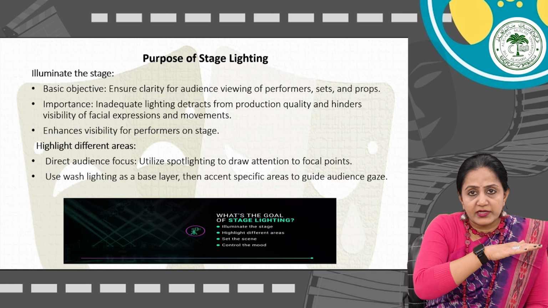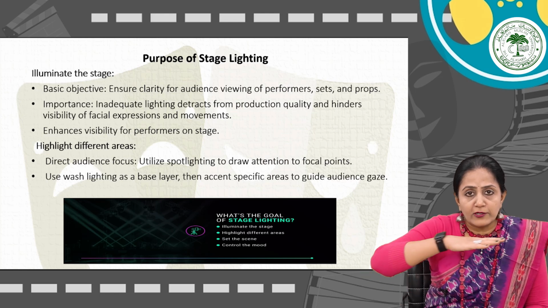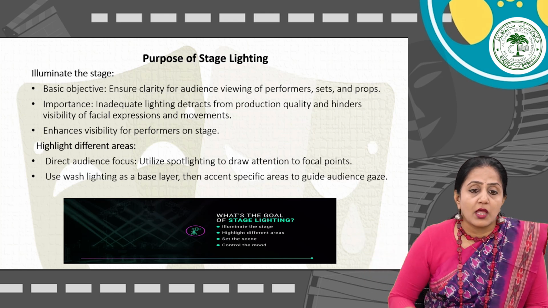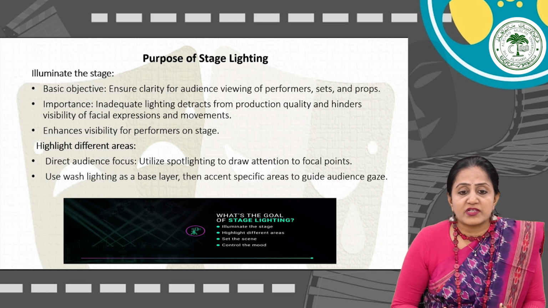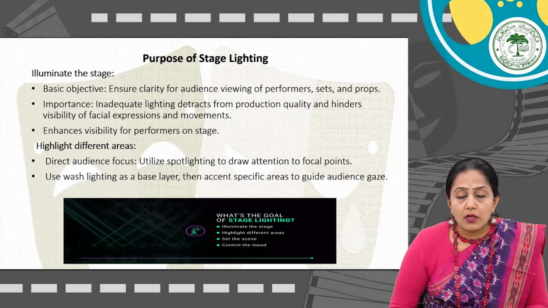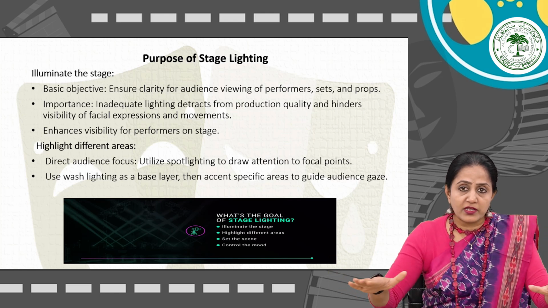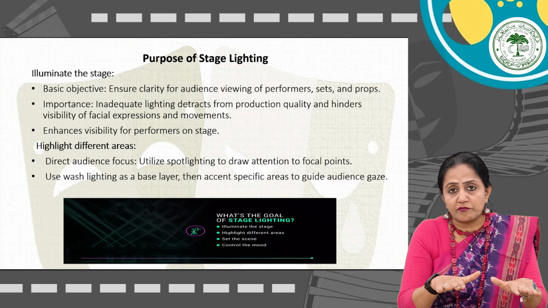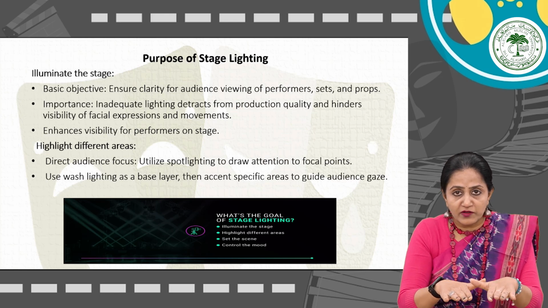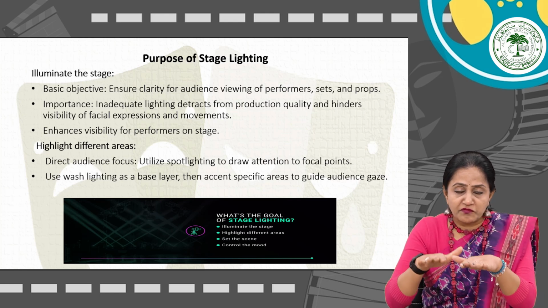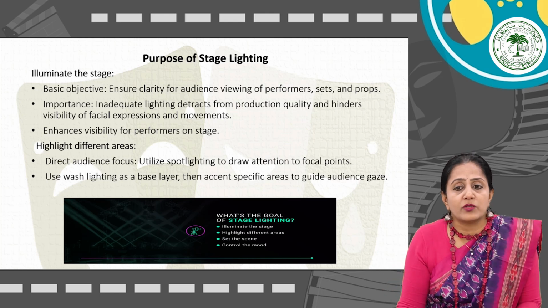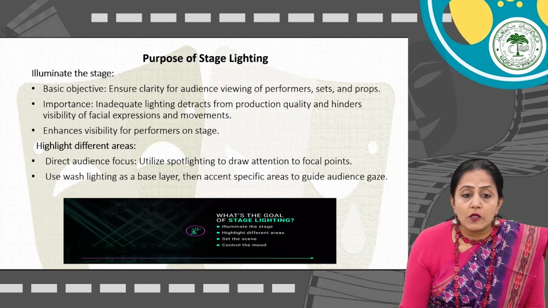Wash lighting is a kind of light that illuminates the entire stage and then accents specific areas, to guide the audience gaze. So this wash light guides the audience on where they have to watch, and what kind of impact there is when they are shifting their gaze slowly and gradually with the help of light.